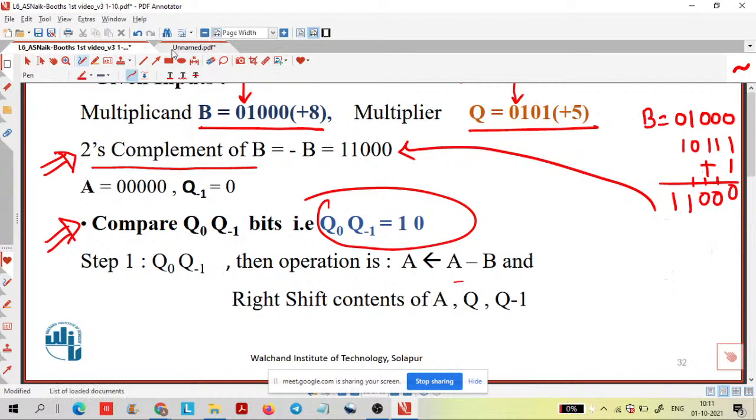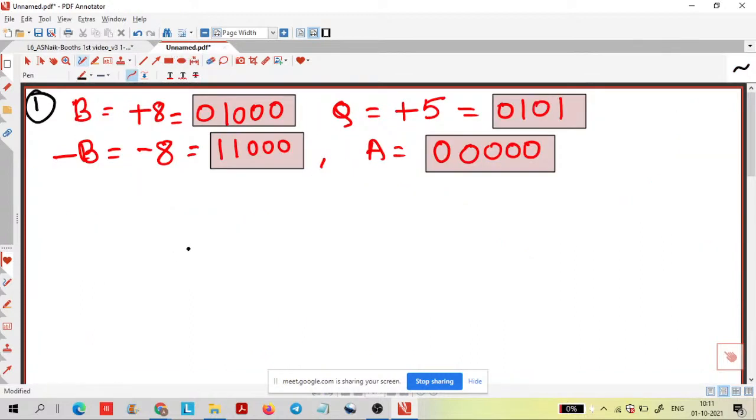Now in this case, this is q naught, q1, q2, q3. So what is the q naught value? The q naught value is 1. What is q minus 1?